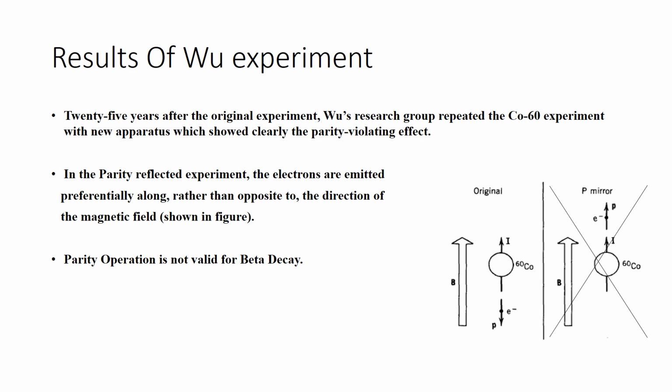So from this we can say that the universe can distinguish between what is left and what is right. We can also say that only the weak interaction is responsible for the transformation of quarks. Quarks do not change identity due to other interactions like electromagnetic, strong, or gravitational interactions.